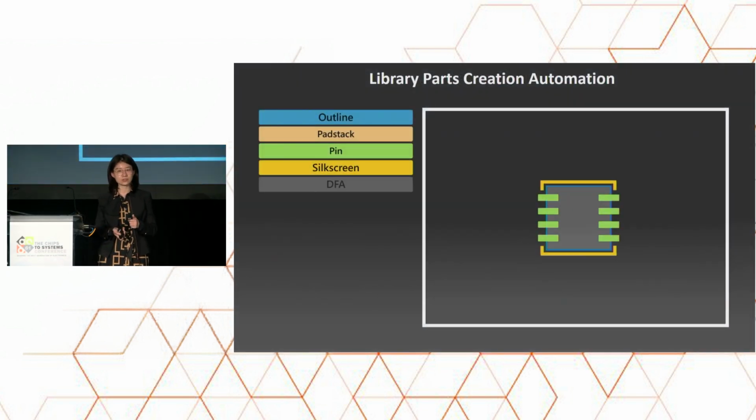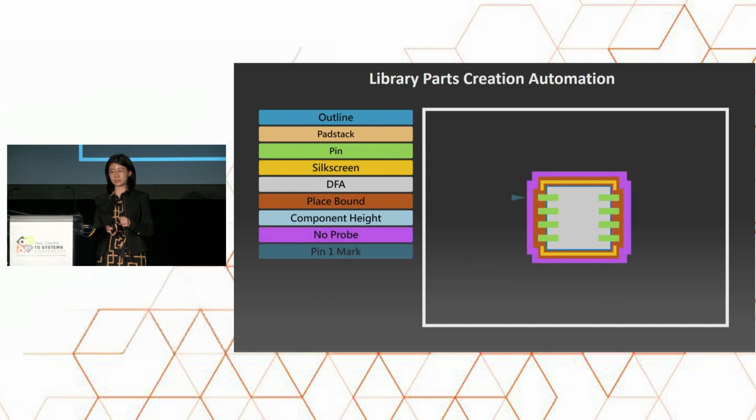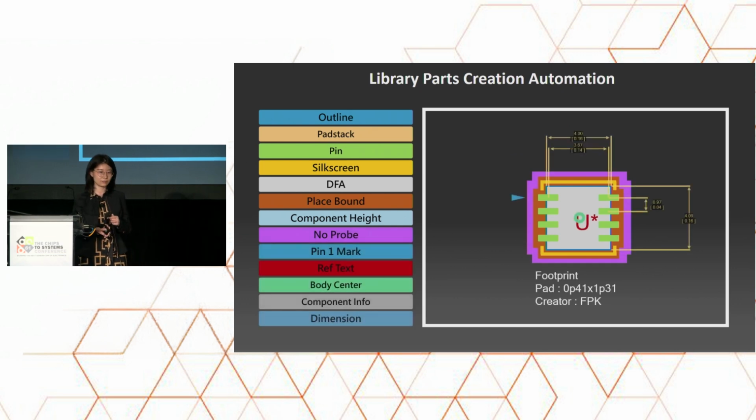Then we use all this extracted information to construct the geometries, layers, and pins in order to build a library file. In this example, the automation engine placed the outlines, pad stacks, pins, silkscreens, etc., and made sure the constructed footprint contains all the necessary information from the spec.